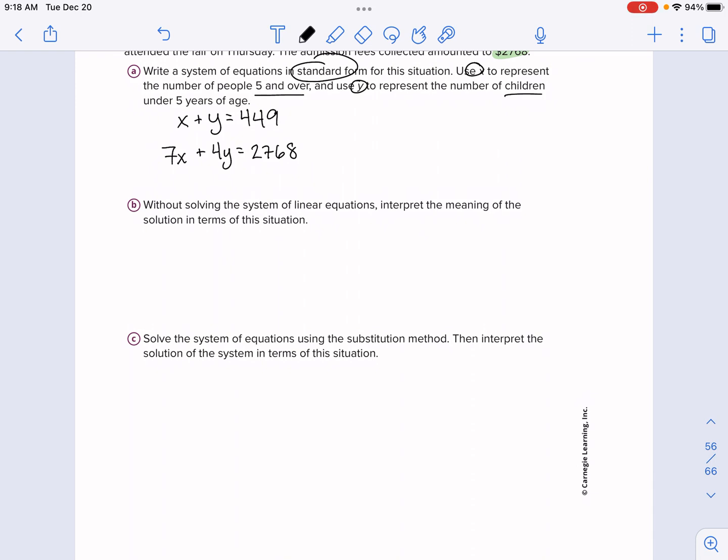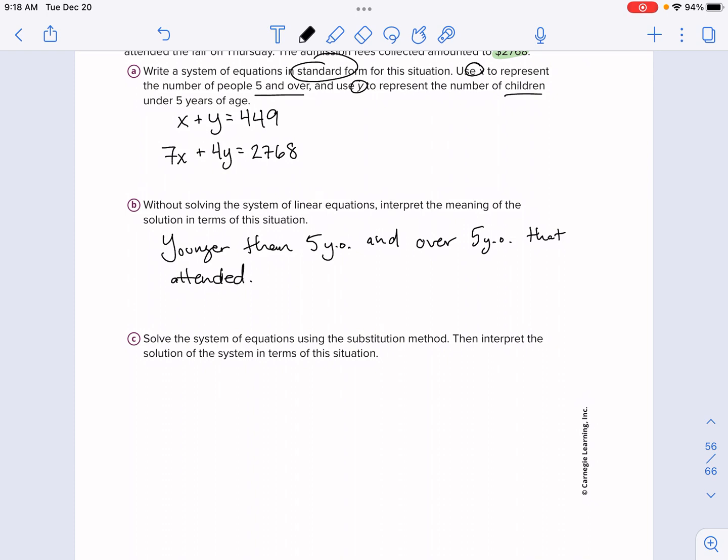We'll just say younger than 5 years old. I'll just abbreviate. And over 5 years old that attended this fair.